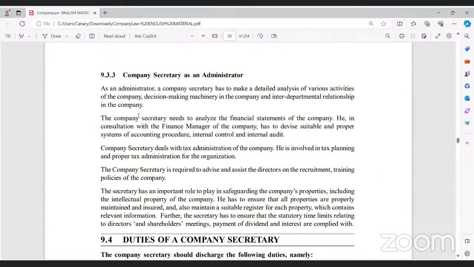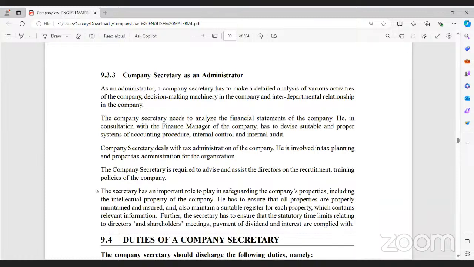The next one is company secretary as an administrator, because he's the one who has to see that the execution of policies is taking place, bringing all the departments into relationship and coordination in the organization. In an organization, there are different departments: accounts department, finance department, purchase department, sales department, stores department.